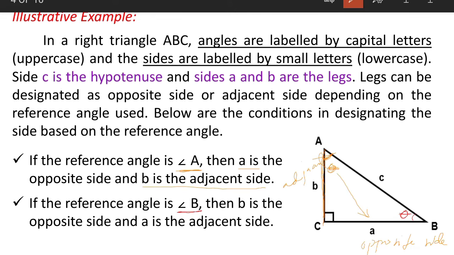So your opposite side from this theta is b. It becomes your opposite side. The opposite side of angle B is b, while the adjacent side is a.